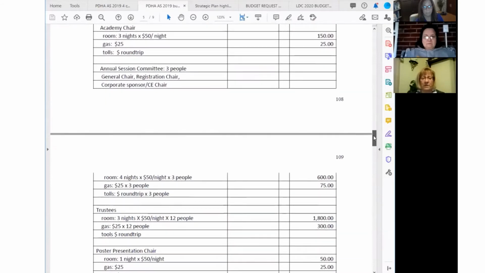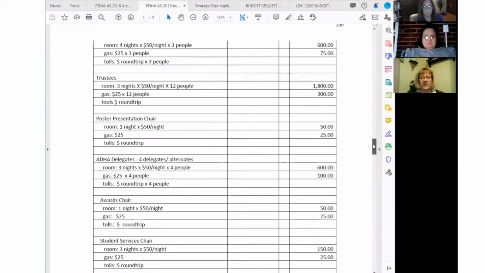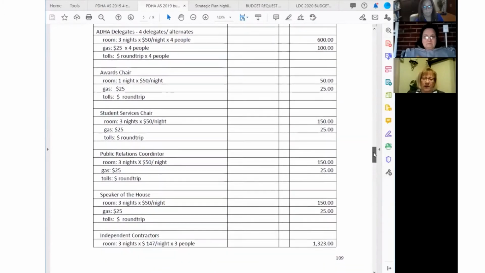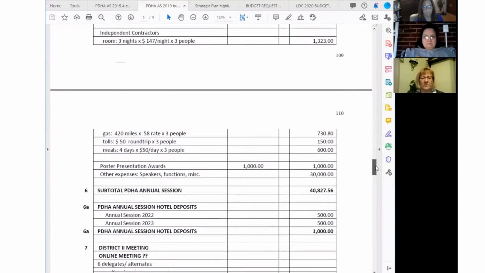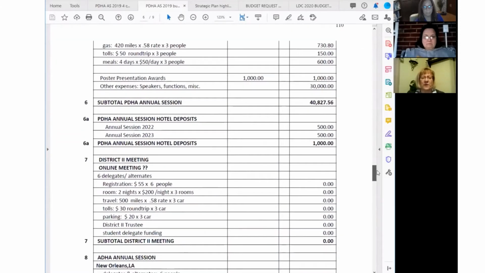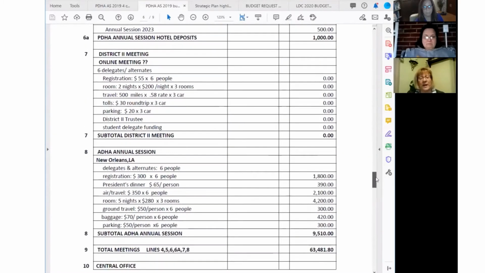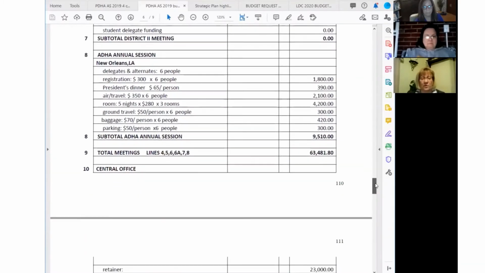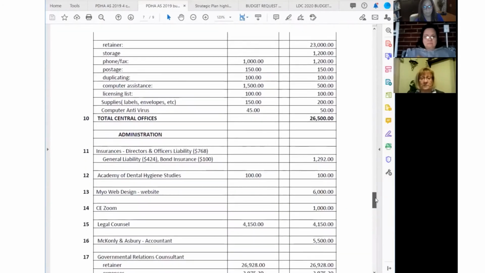Yes, we get revenue from annual session, but it also includes the expenses for annual session. Same with continuing education. We have revenue from continuing education, but we also have expenses for continuing education. And then of course we also have other meetings that we do. We also have ADHA. We have expenses for our delegates to go to the ADHA meeting. So those are all on this form as well.